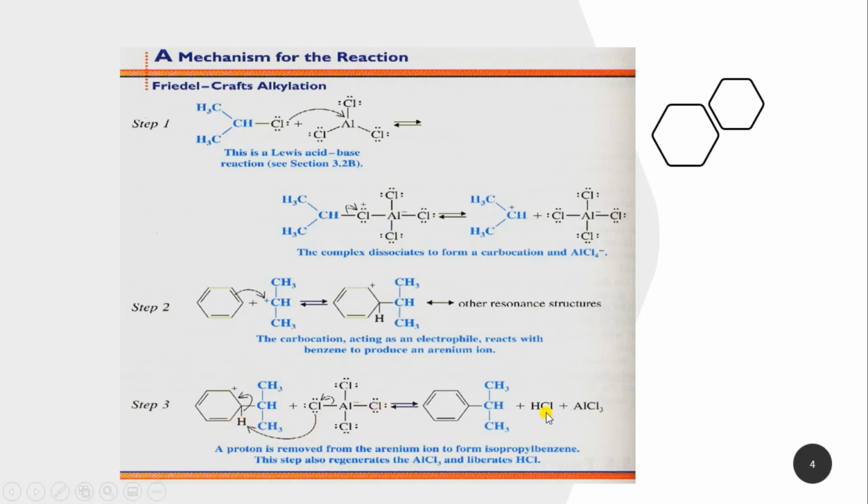The AlCl4 is now left as AlCl3, a neutral molecule, and the bond pair of the hydrogen is now shifted towards the benzene again, and then we have this aromatic ring regenerated again.